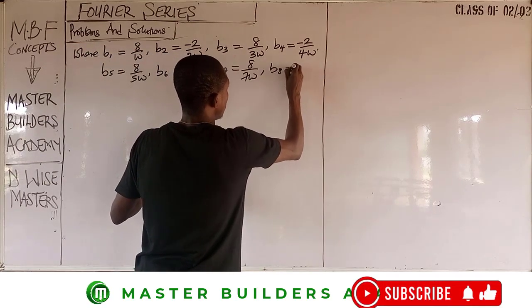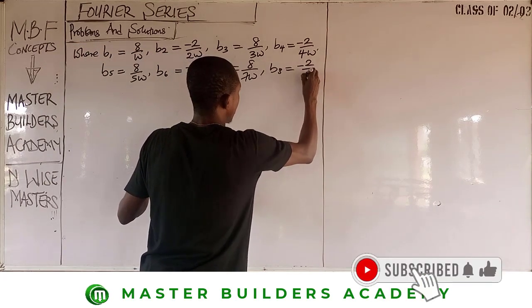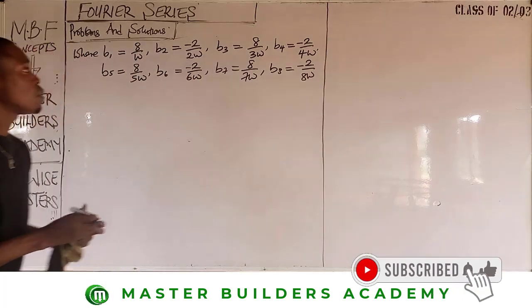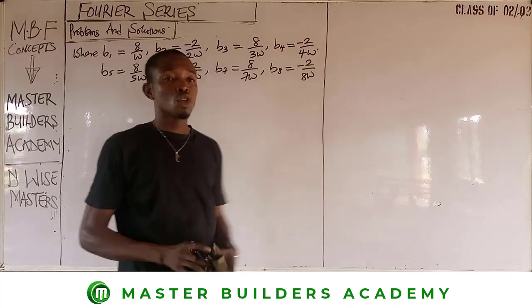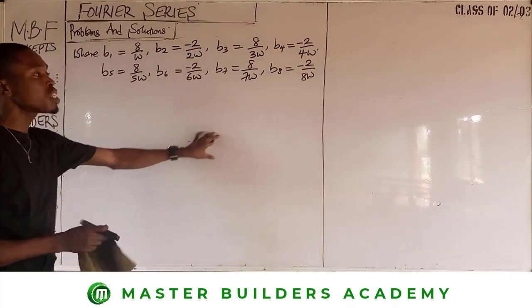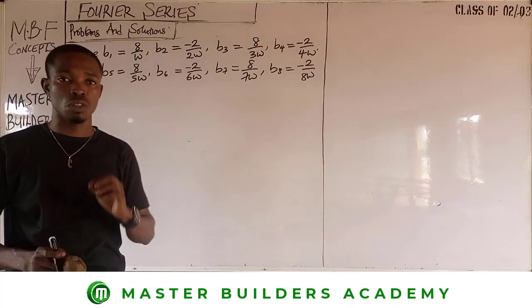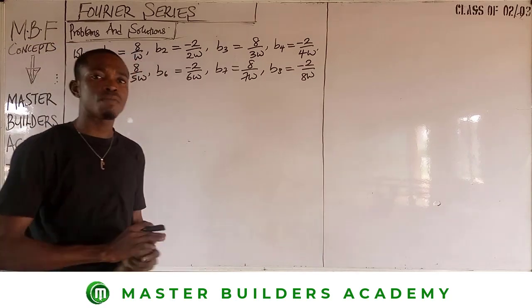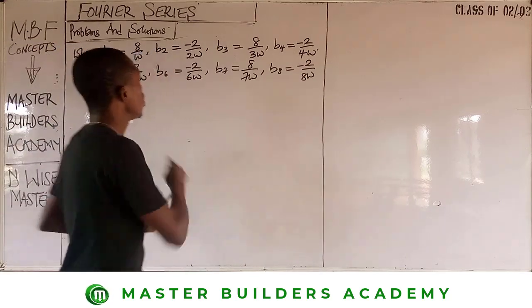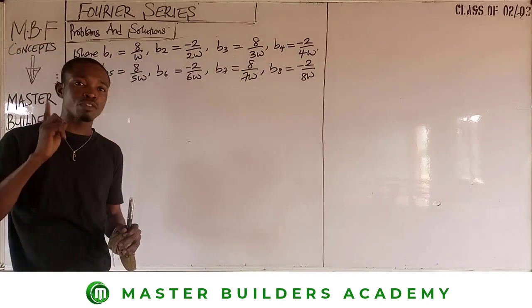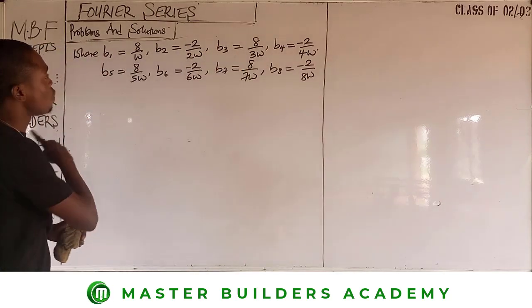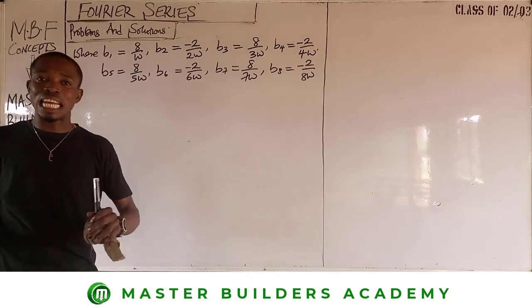b8 will give us minus 2 over 8w. This is just how the order of arrangement will be. So from what we have here now, we can deduce a model for even function and as well a model for an odd function. How do we get this done? When we look at the numerator for all the even functions, we find out that they are negative 2. But when we check that of the odd function, we find out that they are 8.